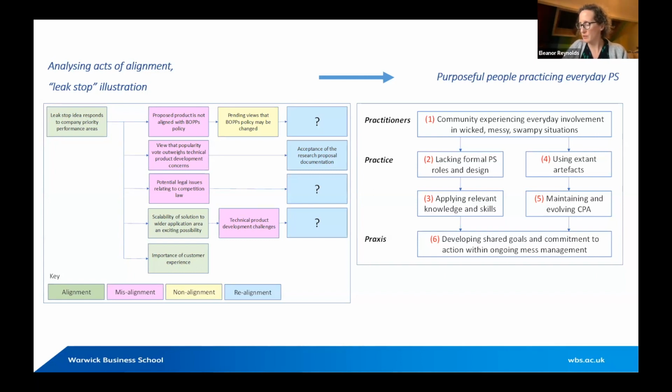And of course, together, this less formal approach in comparison to ORPSM's, but use of extant artifacts, was all aimed at developing shared goals and commitment to action within their ongoing mess management efforts.